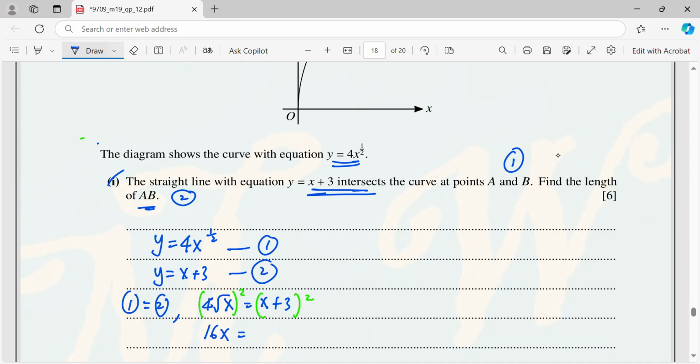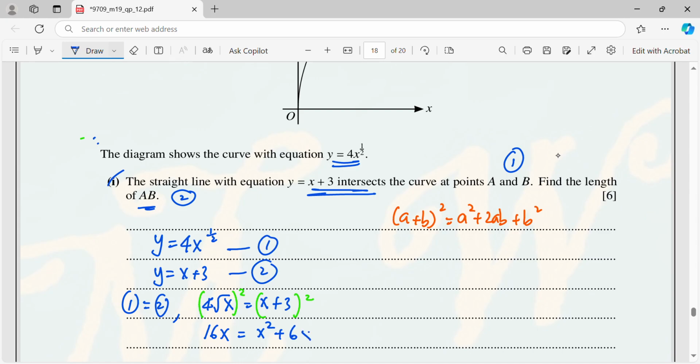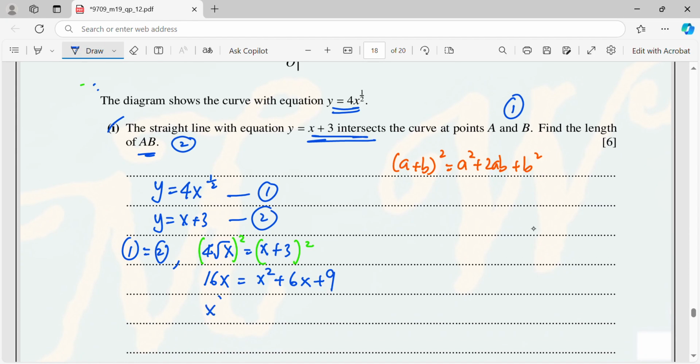On the right hand side, you do expansion using the quadratic expansion: a plus b squared is a squared plus 2ab plus b squared. From here you will get x squared plus 6x plus 9. Then x squared, the plus 16x moves to the right side and becomes minus 10x, then plus 9 equals 0.